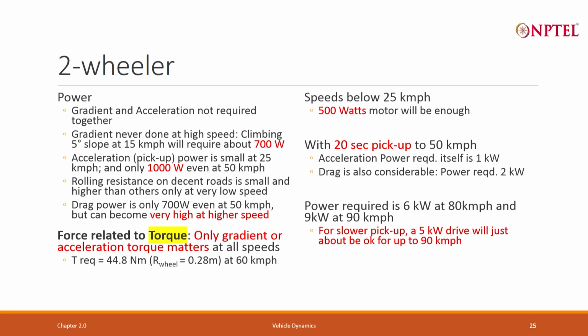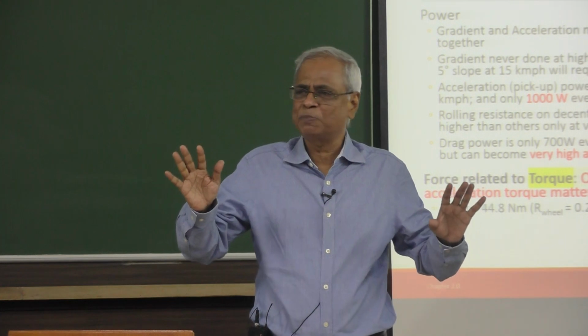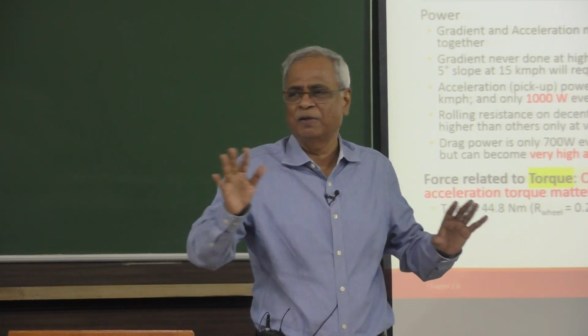Now, look from an India point of view, a lot of low end two wheelers are used, 25 kilometer, 30 kilometer. I can probably use a 1 kilowatt motor. Appropriately, your battery will also come down, and I can make a low cost vehicle. If I want a 50 to 60,000 rupees target vehicle, 65,000 rupees, I have to speed limit 30 kilometer, 35 kilometer.